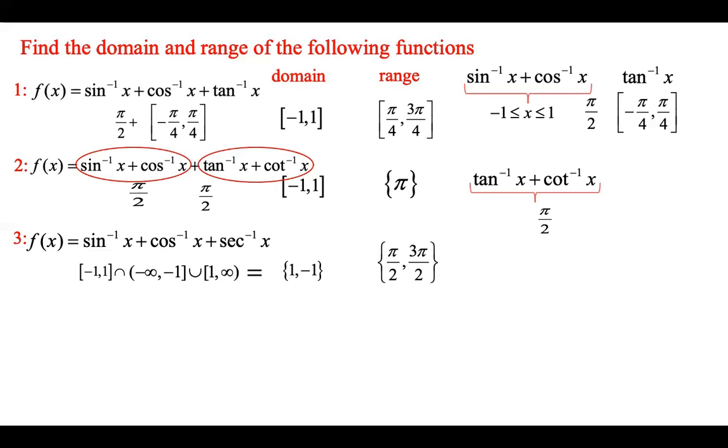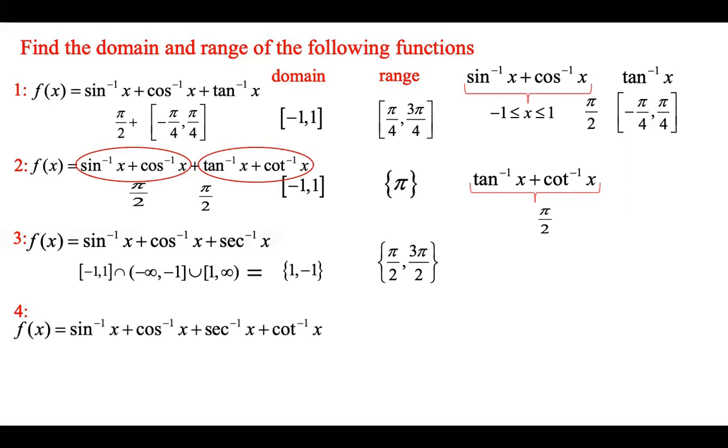When you add the two, it will be 3 pi by 2. So its range is pi by 2 and 3 pi by 2. How did we get 3 pi by 2 at -1? Sin inverse x plus cos inverse x is always pi by 2, and secant inverse of -1 is pi, so pi is added to pi by 2, giving 3 pi by 2.